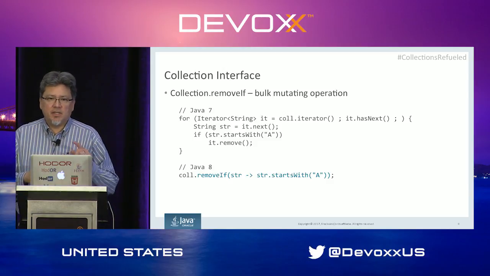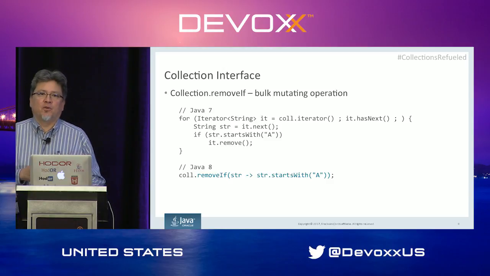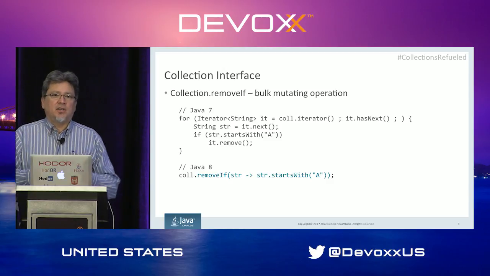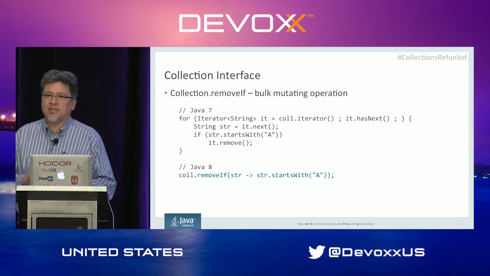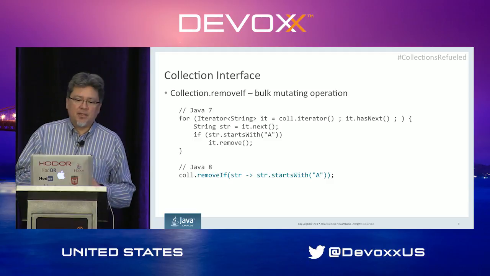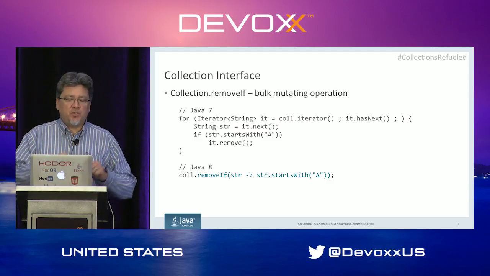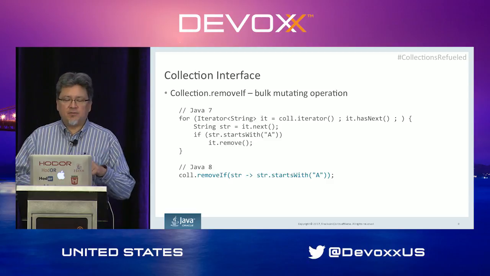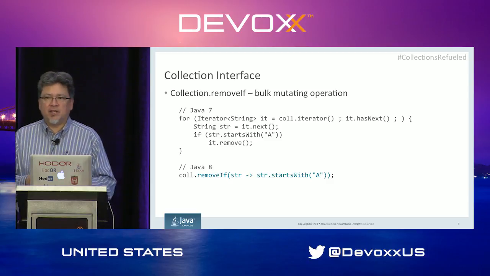A key point here is that you cannot use the enhanced for loop because you can't remove things from within a loop, otherwise you will get a ConcurrentModificationException. So what you had to do was fall back to the original loop using an iterator, and then if something matched, you called remove on the iterator.